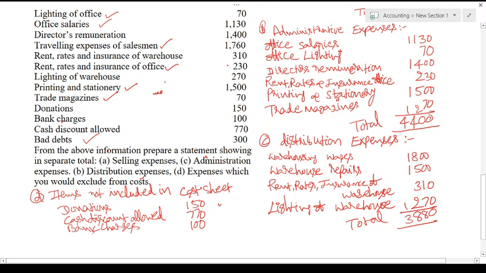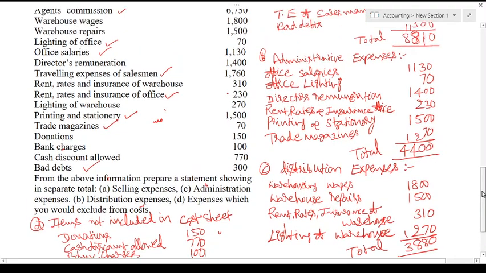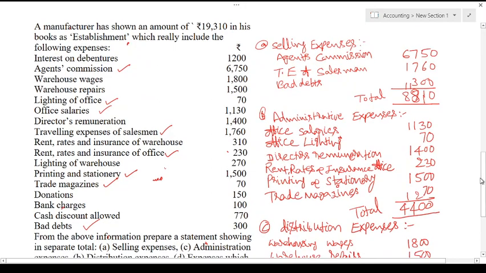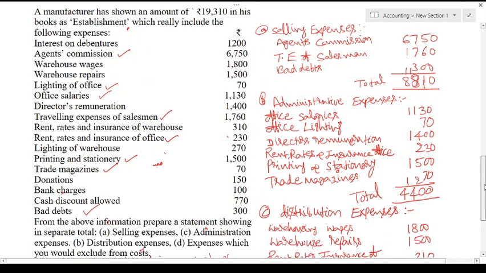And any other item? Interest on debentures. It is given in the problem somewhere, the first item itself, 1200 rupees.